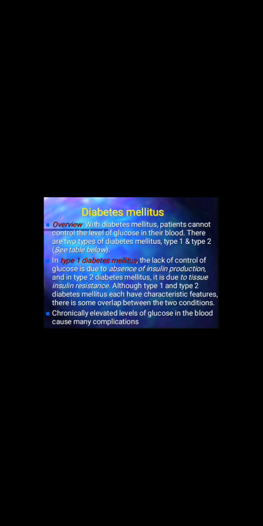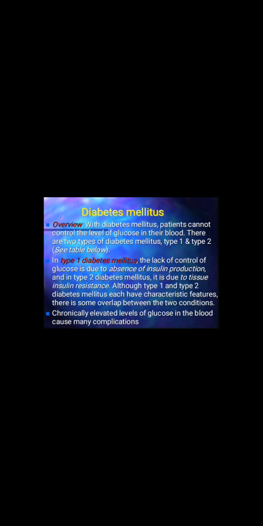And basically, there are two types of diabetes. There is type 1 and type 2. So what is it with type 1? In type 1, there is lack of control of glucose due to absence of insulin production. Here, there is insufficient insulin coming from our beta islets of Langerhans, while type 2 mostly comes due to insulin resistance.